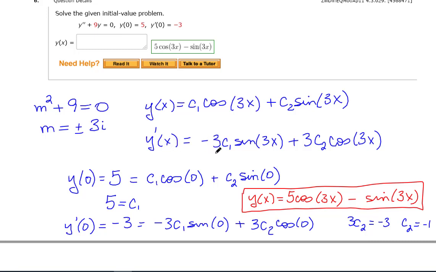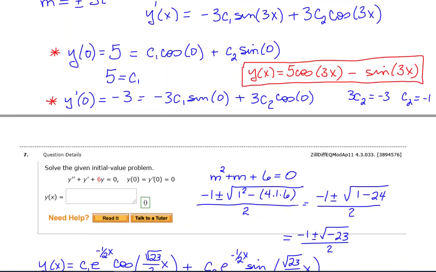We calculate the derivative of that because I have two initial conditions. y at 0 is 5 and y prime at 0 is minus 3. So plugging all that in, getting c1 and c2, I get my solution is 5 cosine 3x minus sine of 3x.